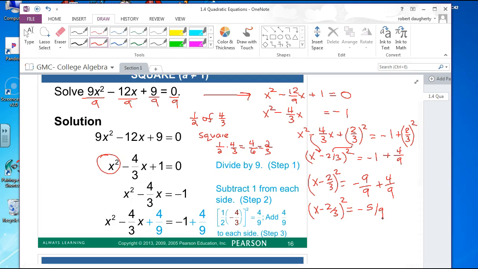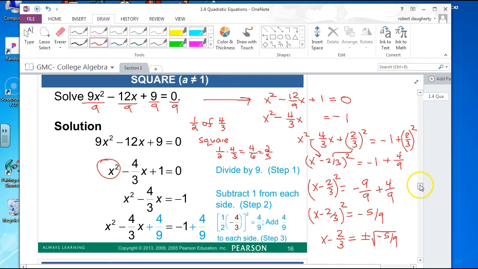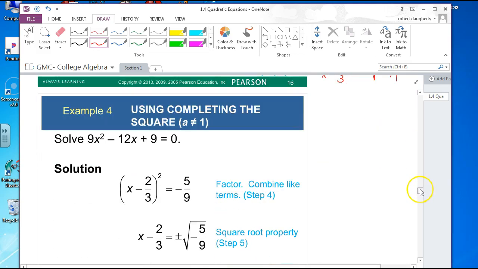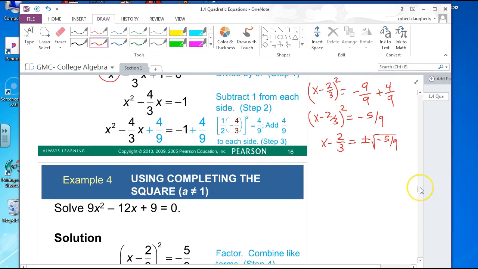Now I take the square root of both sides. x minus 2/3 equal plus or minus square root of -5/9. So x minus 2/3 equal plus or minus.